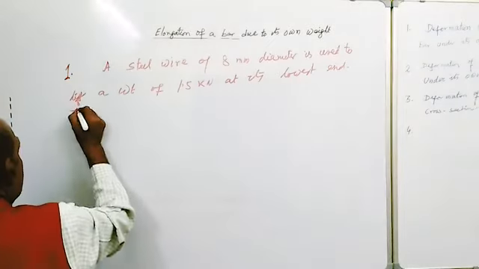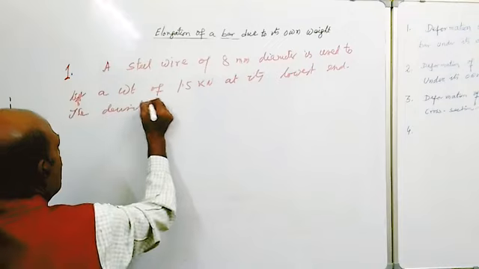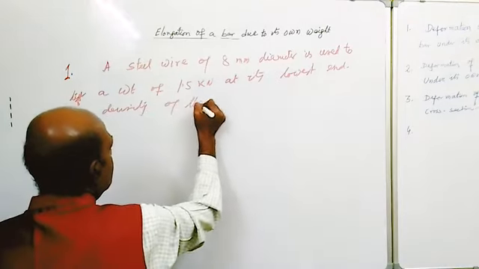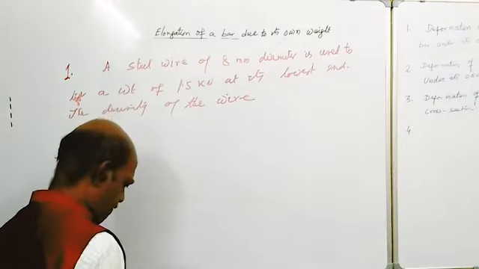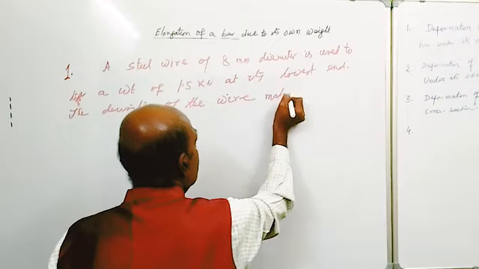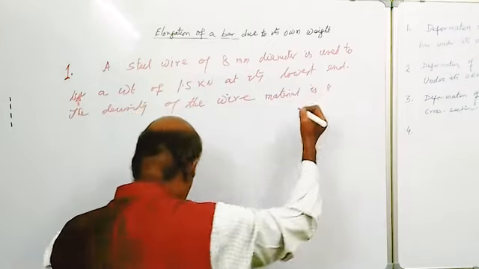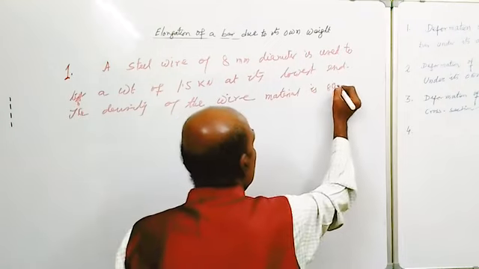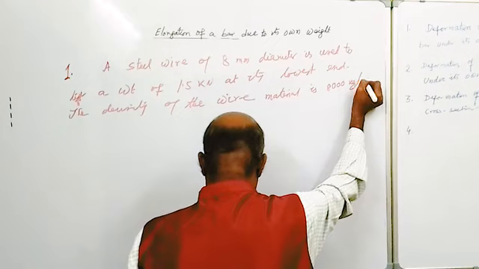The density of the wire material is 8000 kg per meter cube.